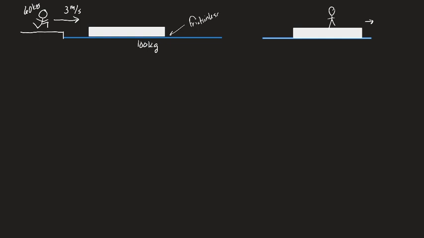This is a perfectly inelastic collision, and that means that the momentum before the collision has to be equal to the momentum after the collision. There are no external forces that act on the system. So because of that, if we look at the momentum before, 60 times 3, the raft has no momentum itself because it's stationary.